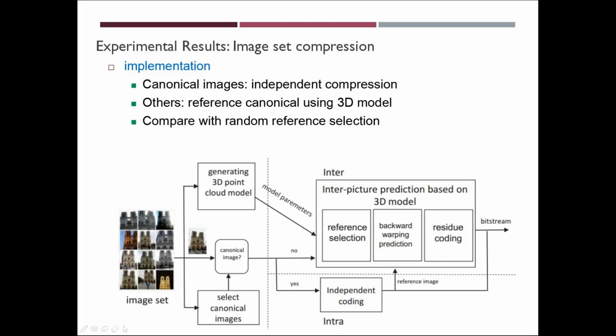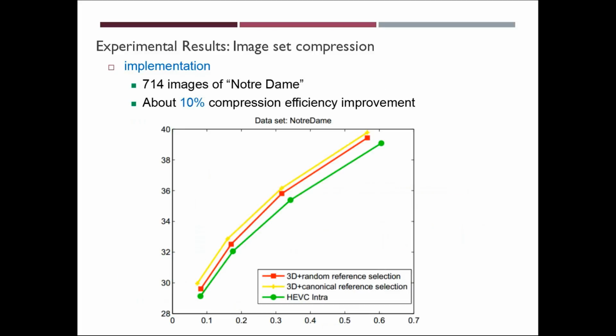Basically, for those canonical images, we compress them independently, and for others, we reference those canonical images using a 3D model, and we compare this scheme with the random reference selection. It's very obvious that if you can select very representative and very high quality canonical images as references, other images will have very good reference frames so that we can compress them very efficiently.